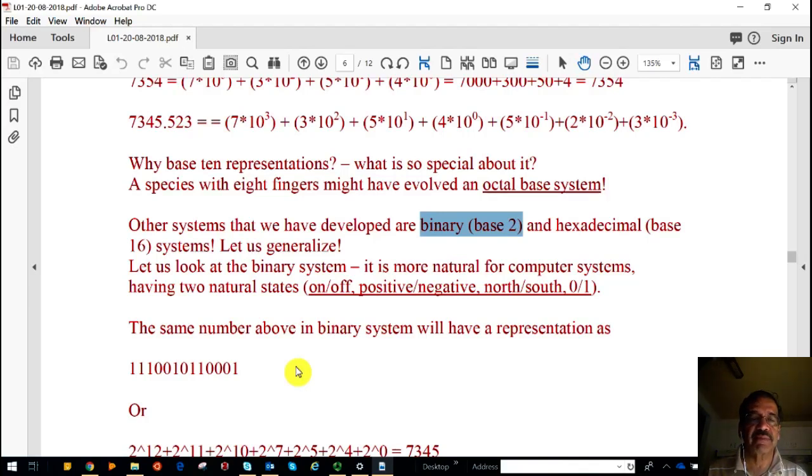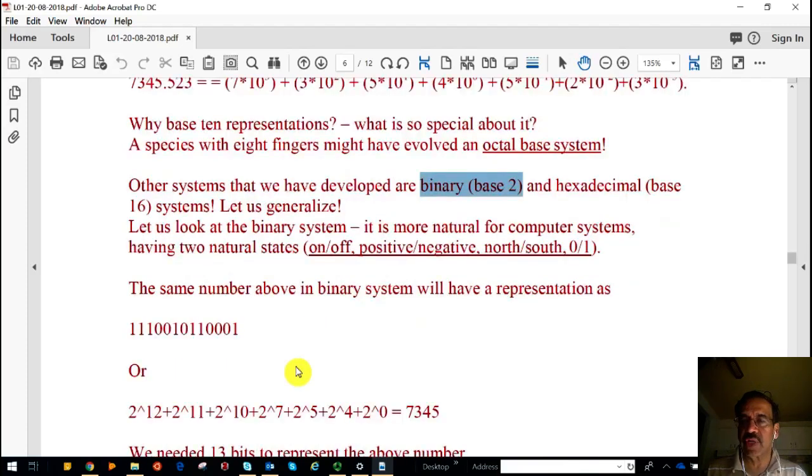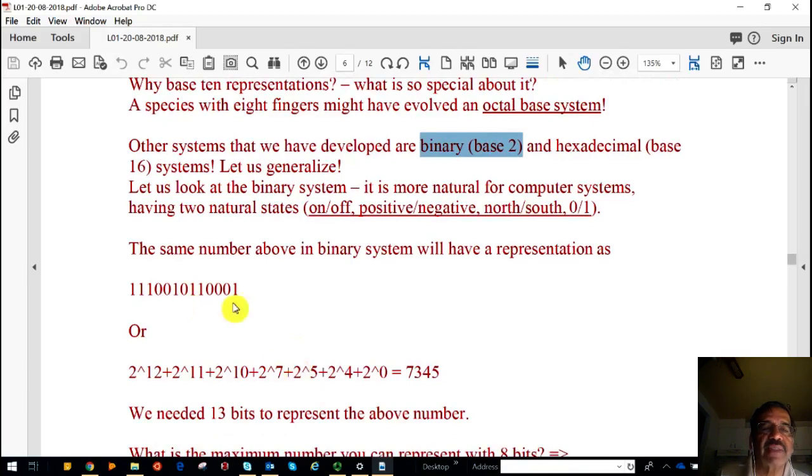And the two symbols that we have chosen are 0, 1. It could have been A or B or anything else, but by convention we chose 0 and 1 to be these two states. And so essentially, just like we did in the decimal system, you find the position and find the base and multiply by it.